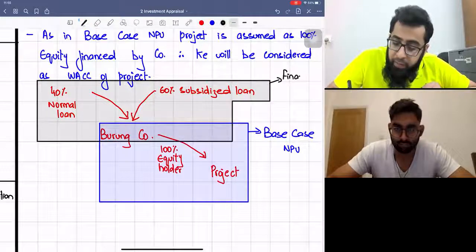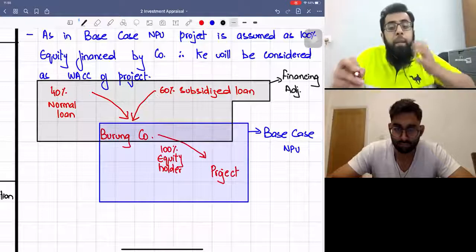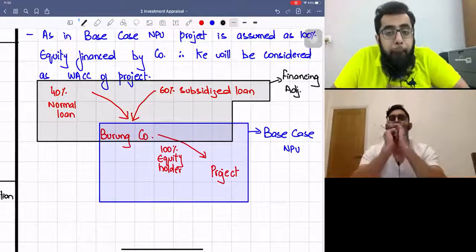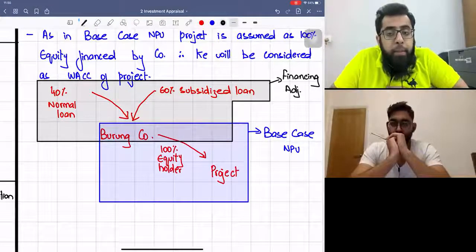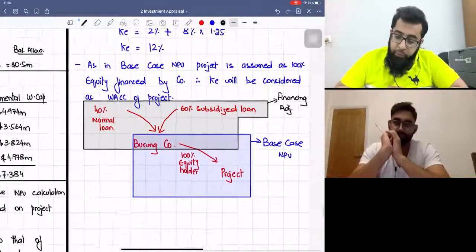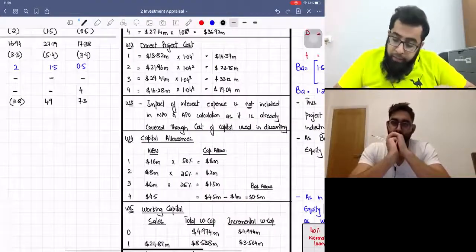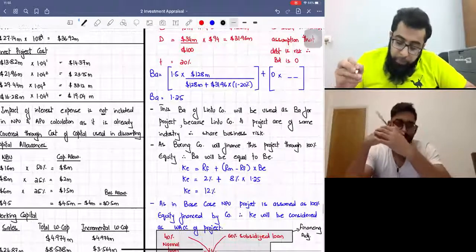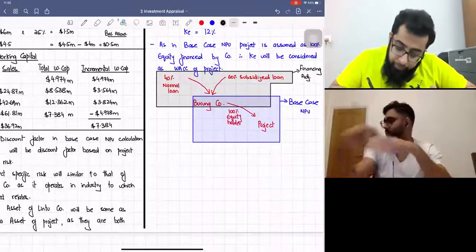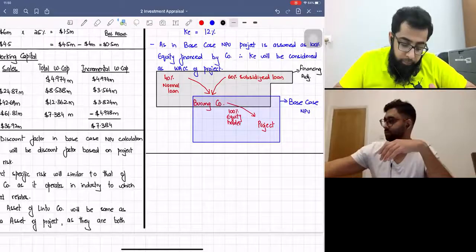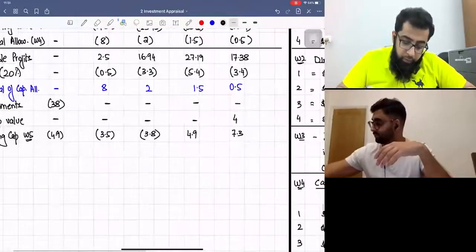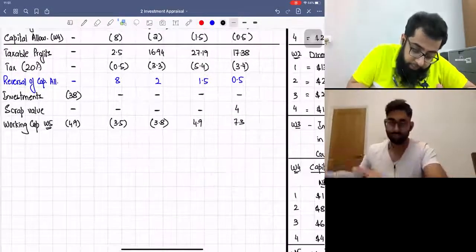These are the financing adjustments which we do after the base case NPV. Are you getting it? Yes, completely, sir. So now the discount factor is 12%. So you can use the table. First of all, we had to calculate the net cash flows.